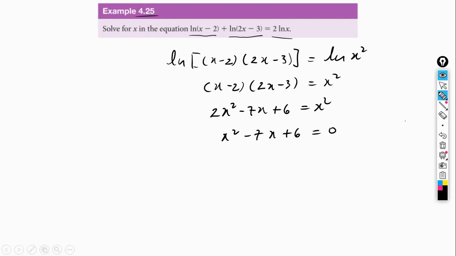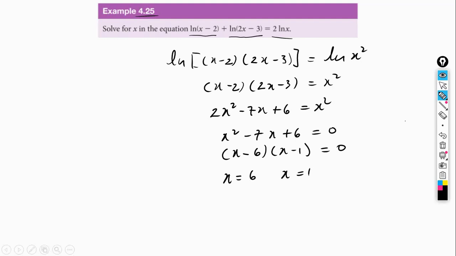From here, we factorize and we get x minus 6 times x minus 1 is equal to 0. Therefore, the solutions are x equals 6 and x equals 1.